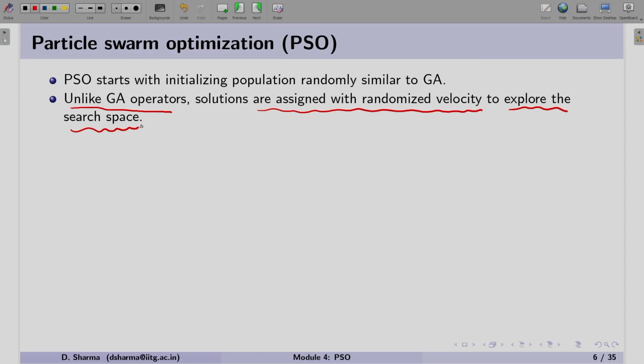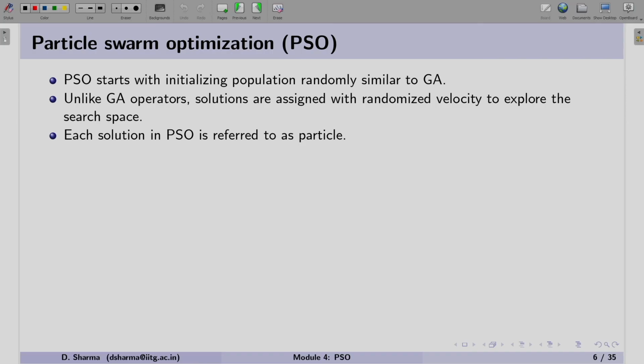Instead of operators like crossover and mutation that are based on probability distributions, such operators are not needed, because the velocity is included in the search. This velocity, together with the current position of each solution, perturbs the solution, or changes its position.